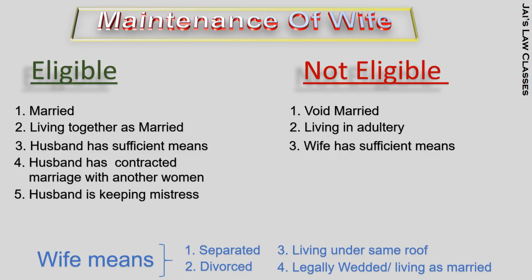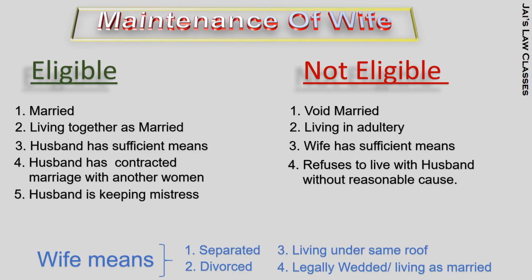If the wife is earning, she will not be eligible for maintenance. Number 4, she refuses to live with husband without a reasonable cause. A wife living separately from her husband must be having some cause, otherwise she will not be eligible for maintenance. Fifth, living separately with mutual consent. If the wife is living separately from her husband with mutual consent, then she is again not eligible for maintenance.